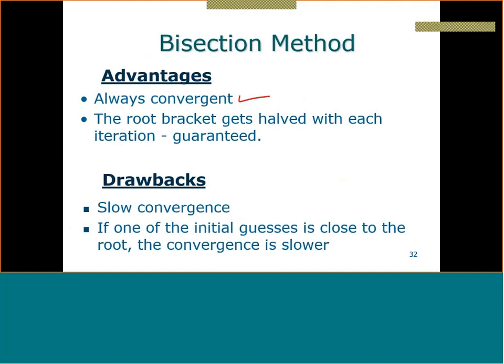One of the drawbacks is that it has slow convergence. And we will see that once we learn about fast converging methods, especially Newton-Raphson. You see a huge difference when it comes to the converging. So that's something that is very, very important for us. Now, why is this important?